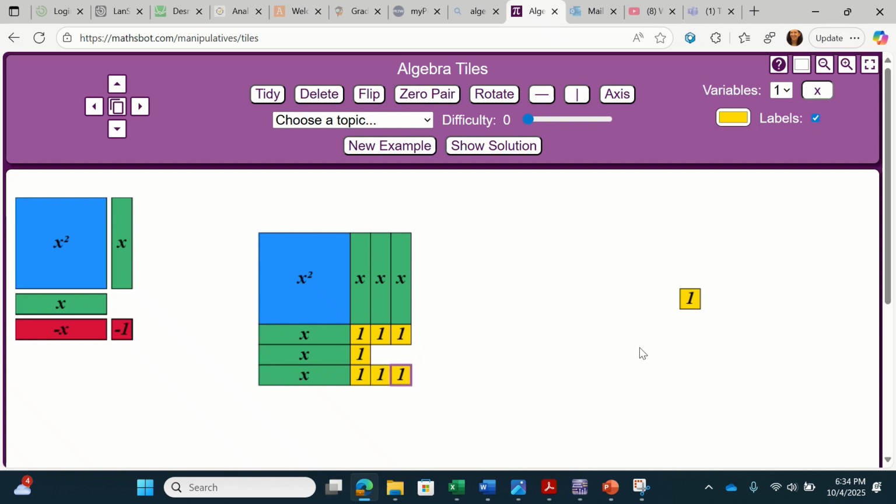Well, that's weird. Okay, well, what we can clearly see here is that we are not able to make a rectangle out of that. So what we need to do is play around with this. I'm going to take one of these green tiles, not that one, and move it up here. Then I've got to figure out where to put these.